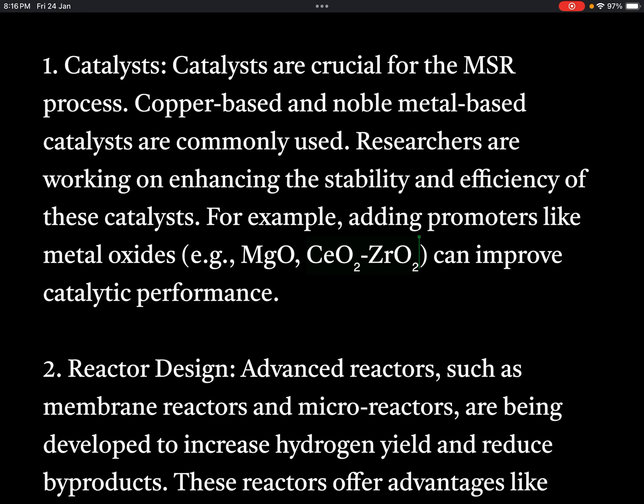And the next thing is cerium dioxide and zirconium dioxide, CeO2 and ZrO2. Now, this is a mixed oxide compound consisting of cerium and zirconium. It is frequently used in catalytic converters in automobiles.